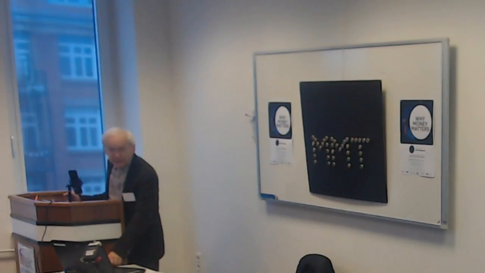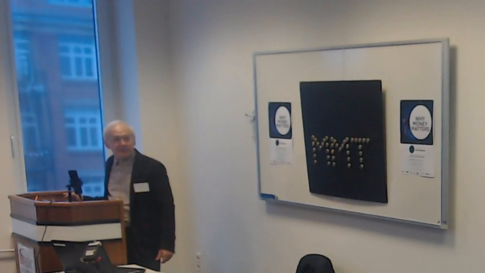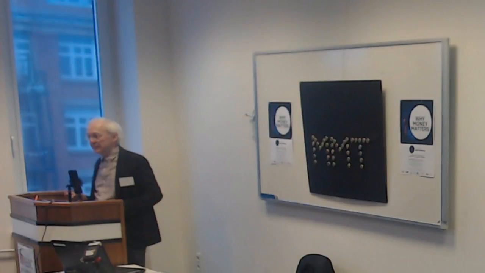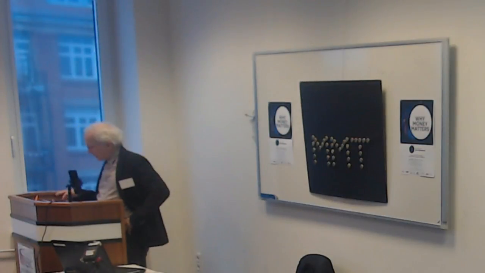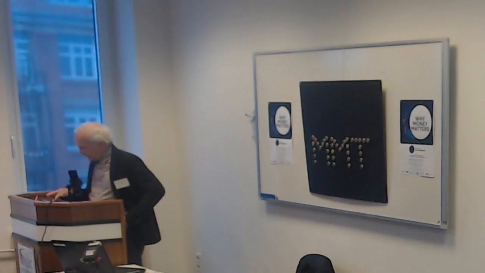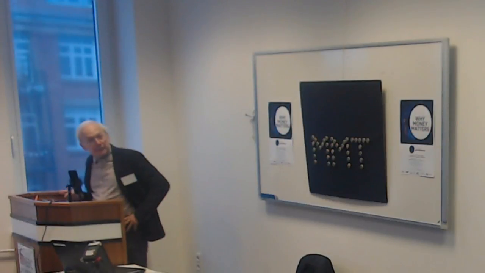And I'm glad I'm speaking after Steve having killed the loanable funds. That makes it easier. And so central bank deposits, this is my definition: a liability on the balance sheet of the central bank.